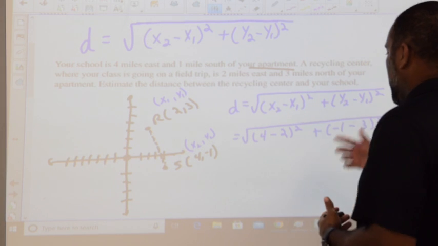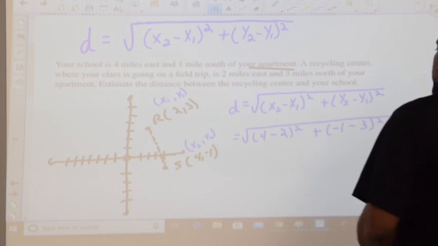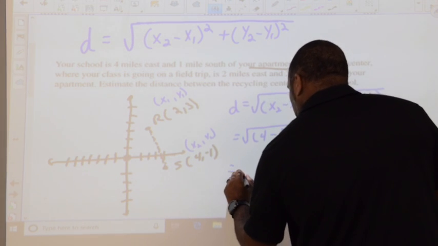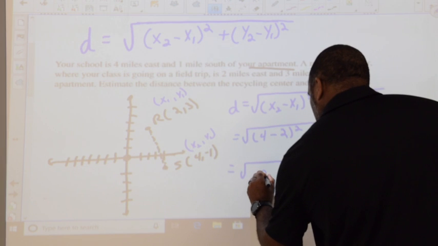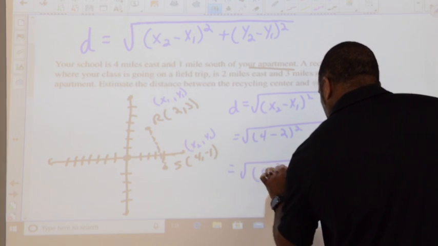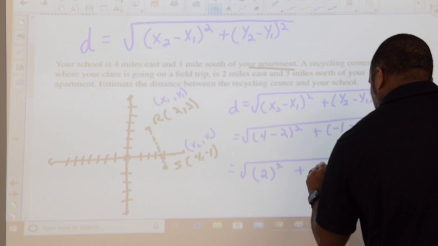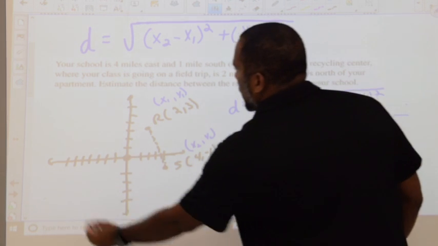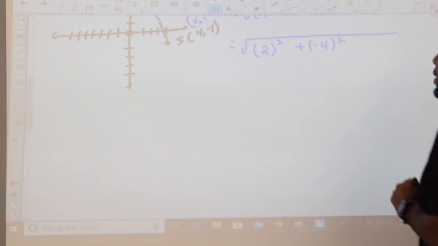So if it's negative, negative, you put it in there just as it is. Here we don't have that problem, but we still are left with 4 minus 2 is 2 squared plus negative 1 minus 3 is negative 4 squared. That's my distance so far.